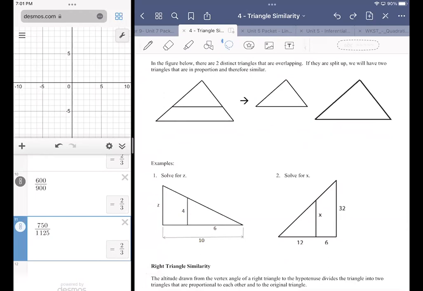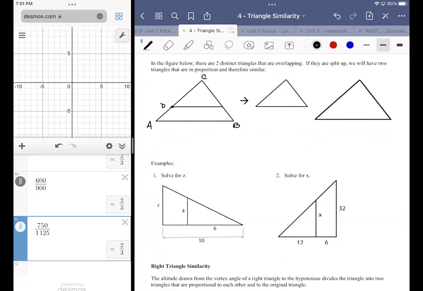All right, we're subject. In the figure below, there are two distinct triangles that are overlapping. If they are split up, we will have two triangles that are in proportion and therefore similar. I tried my best to create a diagram that would make some kind of sense. Let's say we'll call this triangle ABC. And I'll throw in a little point here.